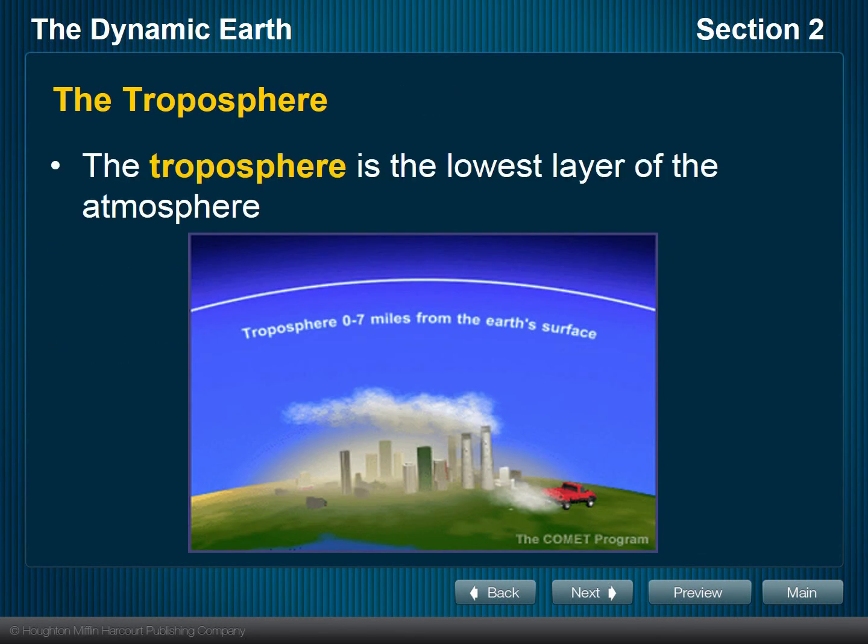The troposphere is the lowest layer of the atmosphere in which temperature drops at a constant rate as the altitude increases. This is the part of the atmosphere where the weather conditions exist. The troposphere is the Earth's densest atmospheric layer and extends to 18 kilometers above the Earth's surface.